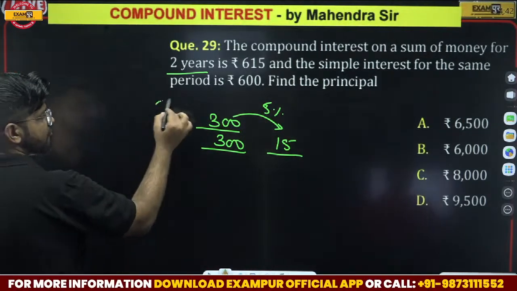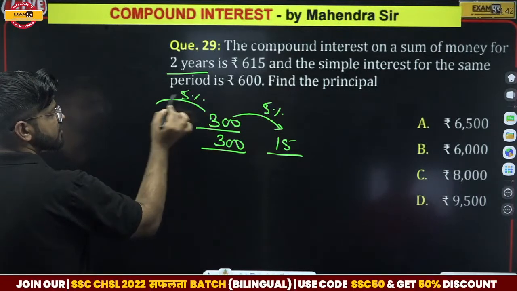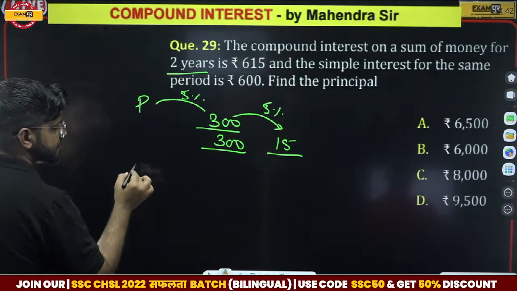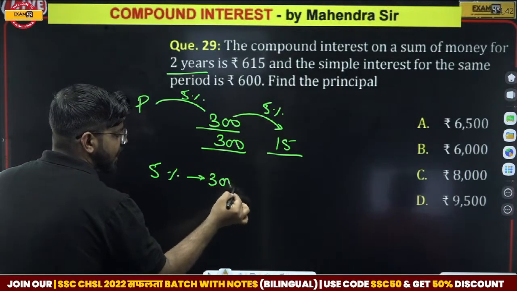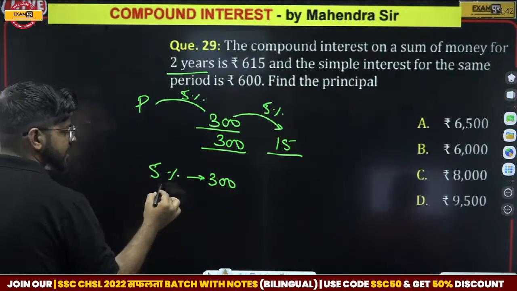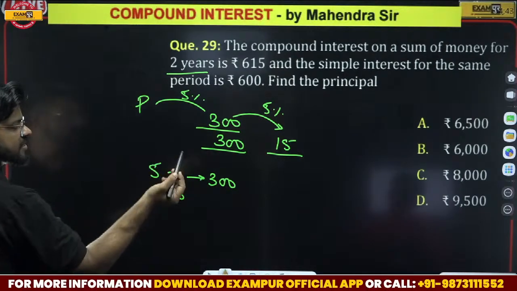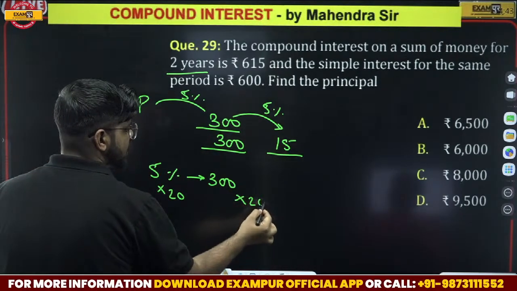So 5% of P is 300. I have to calculate 100% of P, so multiply by 20 on both sides.